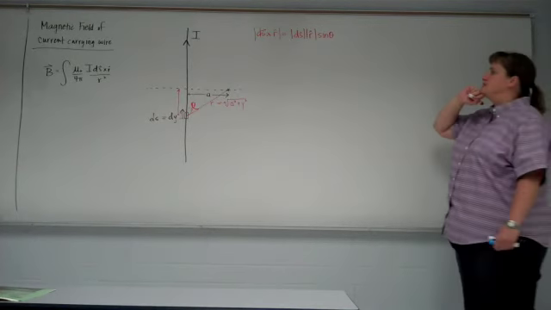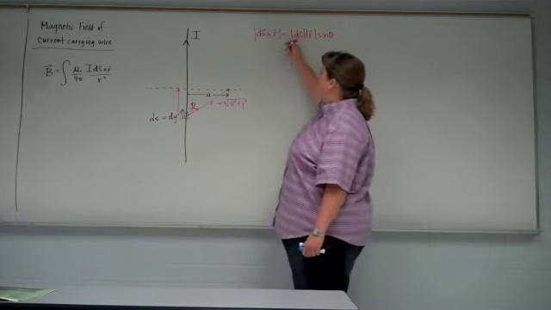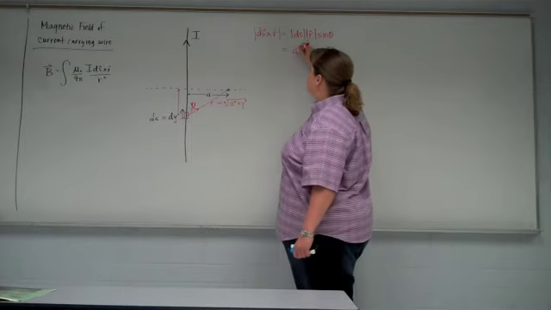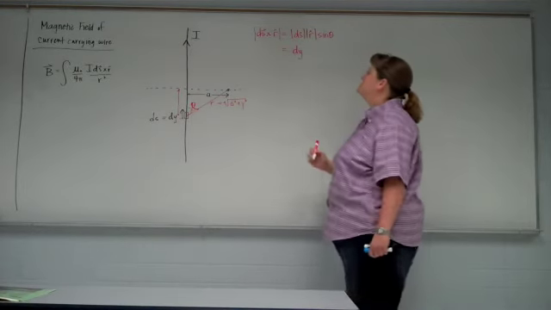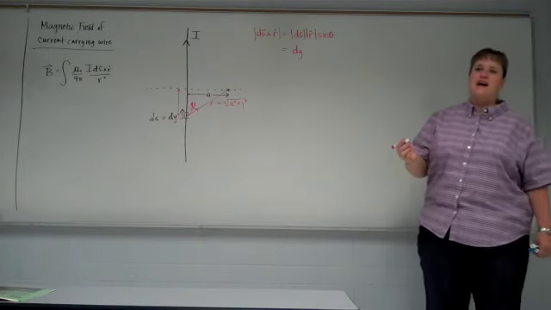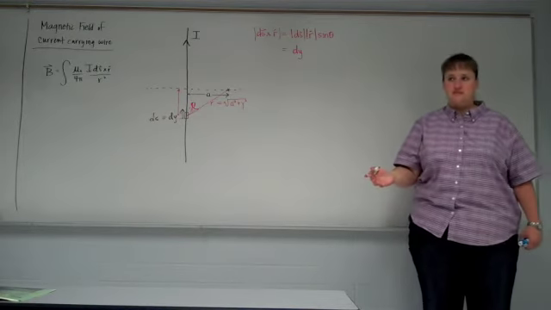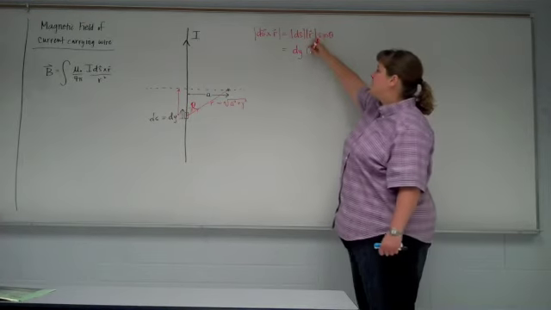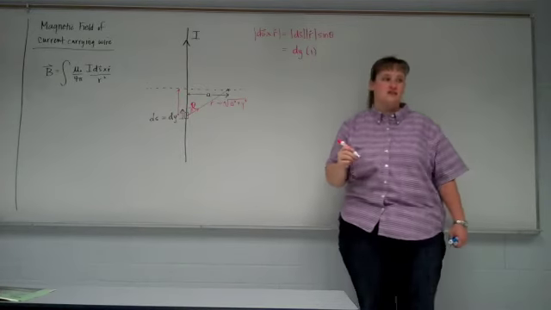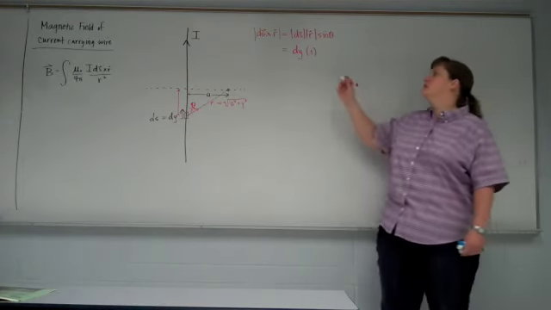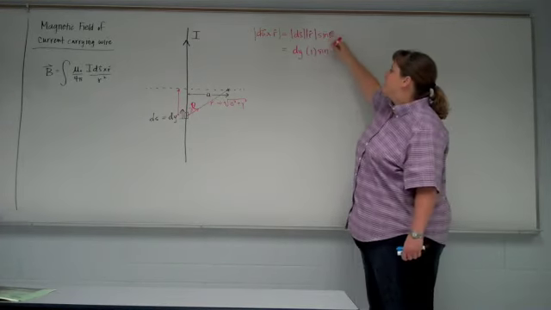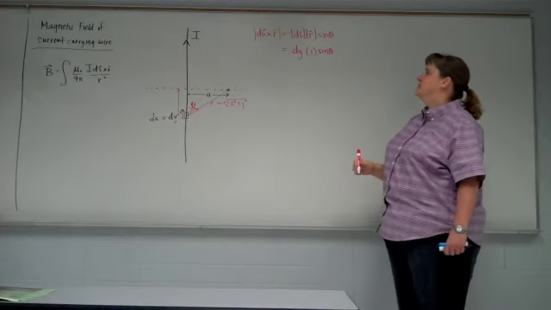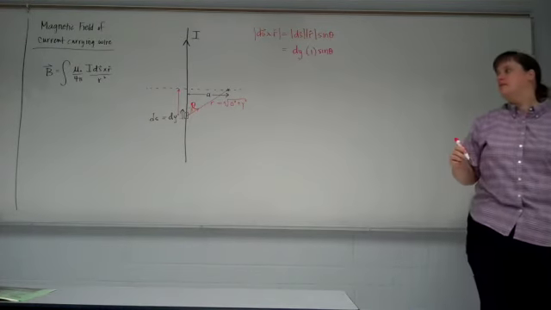So in our equation, the magnitude of ds is simply dy. The magnitude of r hat is simply 1, because it's a unit vector. By definition, unit vectors have a length of 1. The sine of theta is just that, the sine of theta.